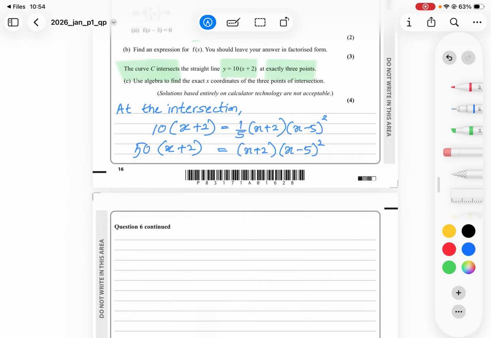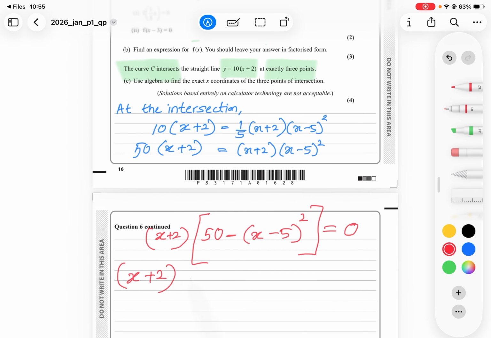To solve that, let's continue our calculation. I will be taking everything to the other side. So x + 2 will be common. The 50, when it comes to the other side, will be minus (x - 5) whole thing squared equals 0. We can write this as root 50 all squared minus (x - 5) all squared equals 0.